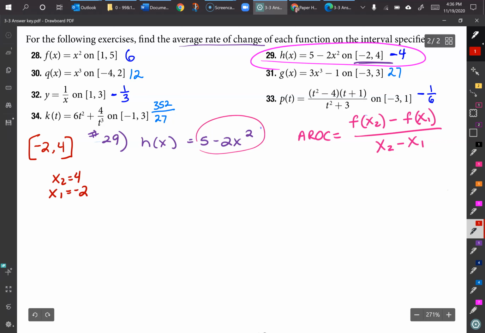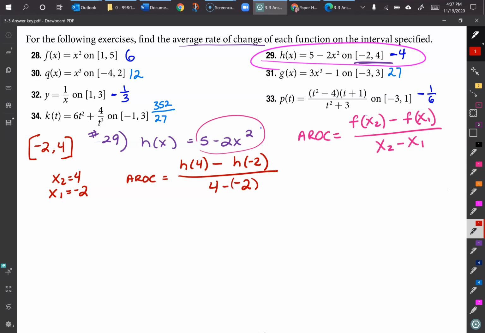So my average rate of change is h of x sub 2, which is h of 4, minus the h of -2, all divided by 4 minus -2. So it's easy enough to figure out the denominator would be 6, right?